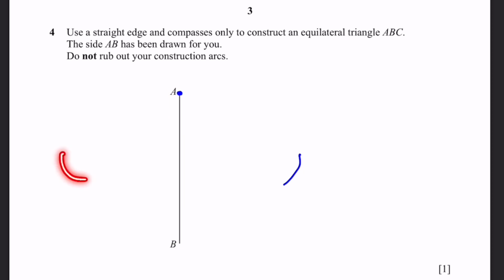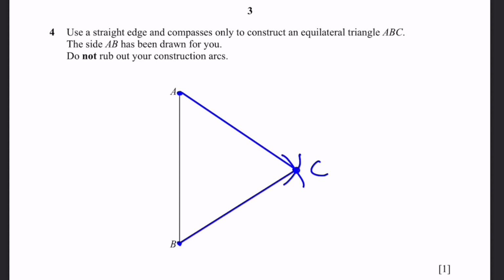You can draw it on the left also, it does not matter, but either way, it has to be without changing the length of the compass. Now we do the same thing, but we put the compass needle at point B and draw another arc like that. The intersection point between the arcs is point C, and now we simply connect the lines AC, BC using the straight edge.